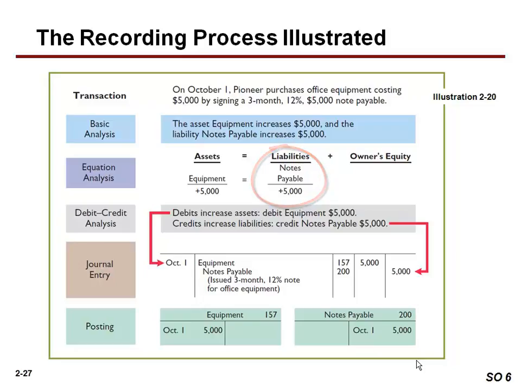So we increase equipment with a debit entry, $5,000, increase notes payable, a liability account with a $5,000 credit. Debits equal credits in all journal entries. The bottom indicates the transfer of that information into the ledger. Debit column for equipment, meaning an increase. Credit column for notes payable, meaning an increase there. Each of those accounts are on different sides of the equation.